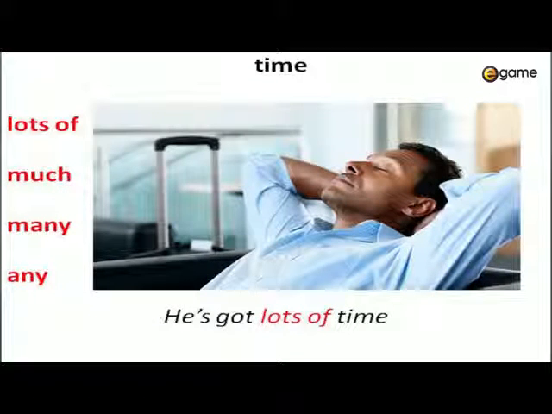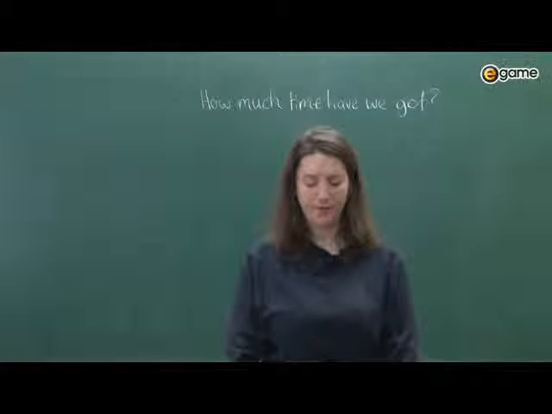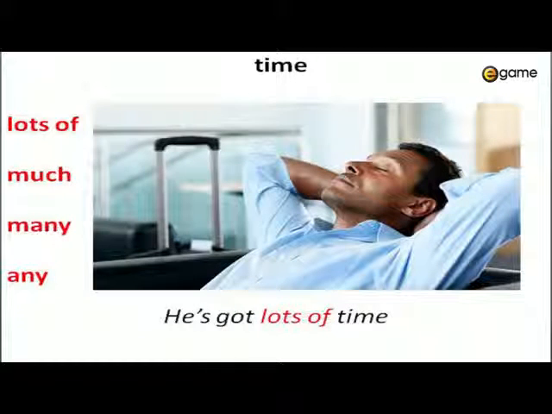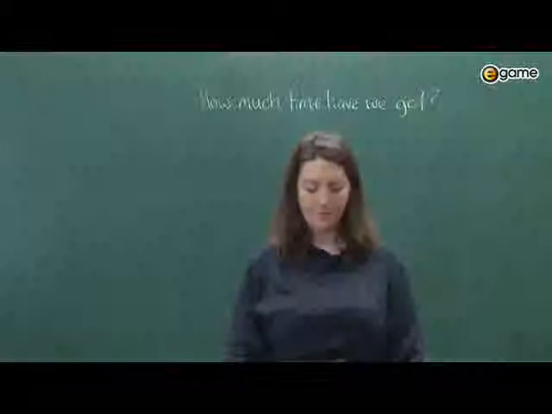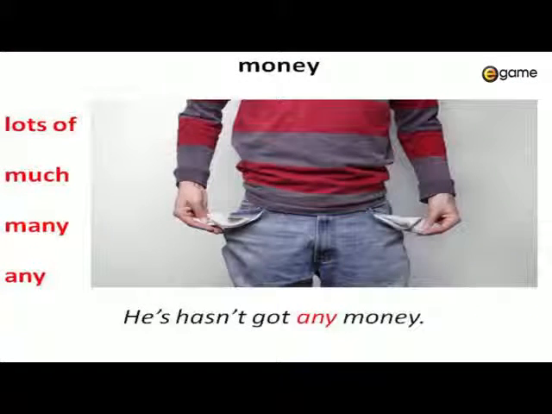Time. As we said before, it's uncountable, but in the picture, the man is relaxing. So, what do we think? Let's have a look. He's got lots of time. The last one is money.